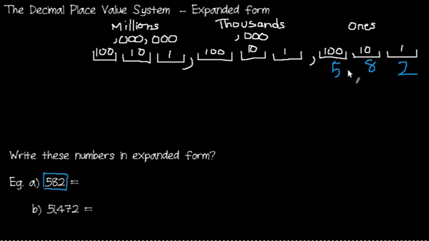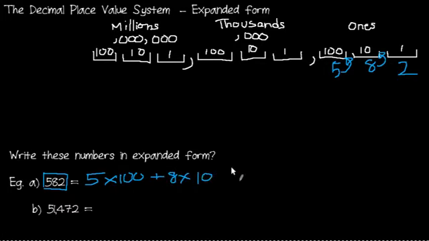And then we find the digit value for each of these. So first we're going to have 5 100s. So that's the same thing as 5 times 100. And then plus 8 times 10 plus 2 times 1.